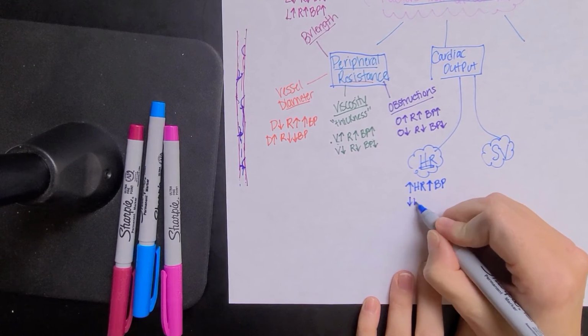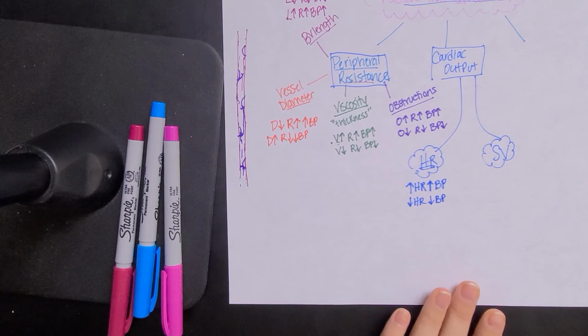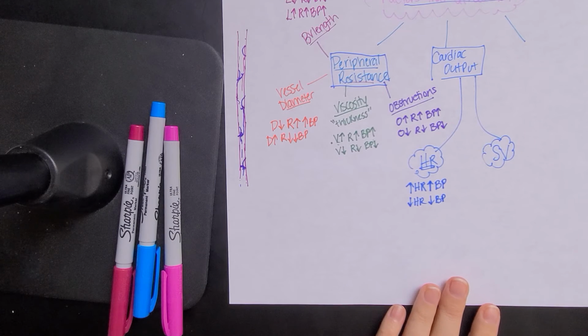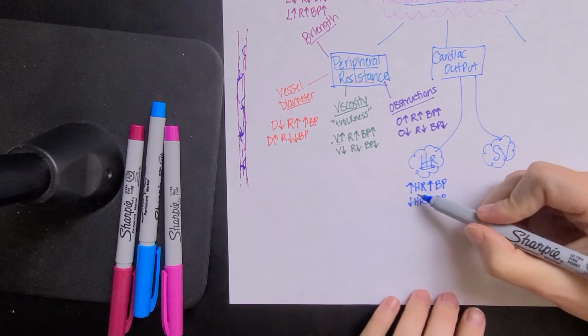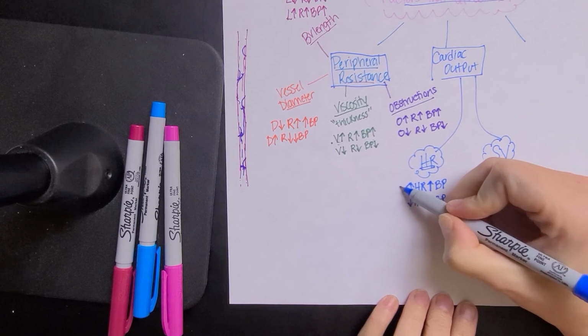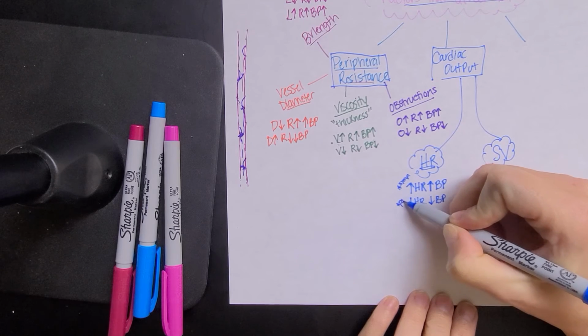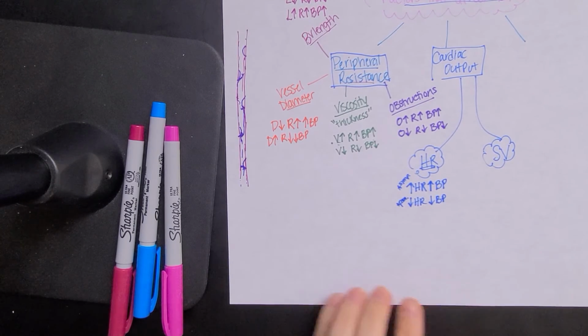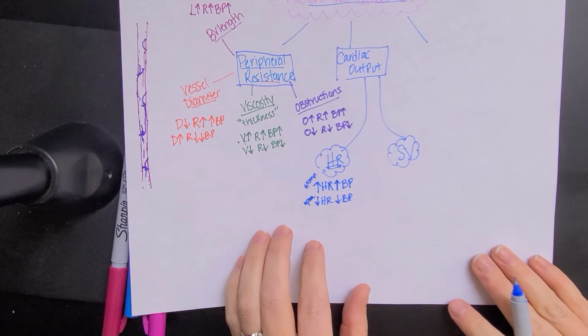As our heart rate goes down, our blood pressure goes down. And you know this when you relax, right? We've talked about sympathetic and parasympathetic output. And so this is, of course, our sympathetic, right? And this is parasympathetic. I know that's hard to see. It just says sympathetic and parasympathetic.